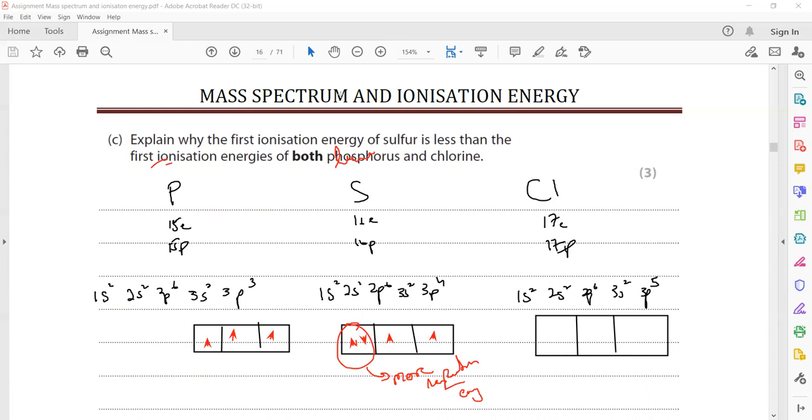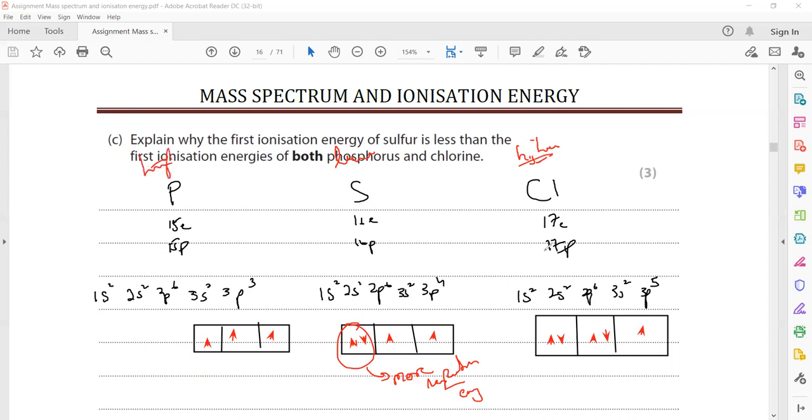So how are the 5 electrons arranged? 1, 2, 3, 4, and 5. So there are two pairs. They will have more repulsion compared to that of sulfur.